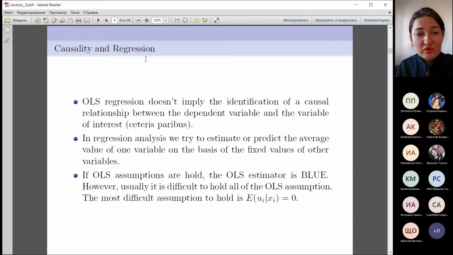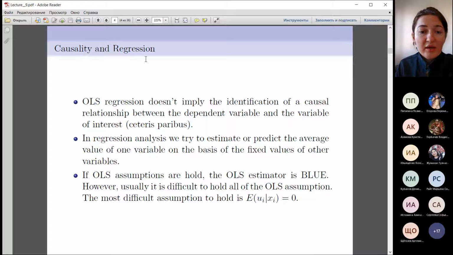But of course, in regression analysis, we try to estimate the average value, the average effect of one factor on the basis of the fixed values of other variables. If you hold all the assumptions of ordinary least squares method, in this case, you can find this relationship and your results will be reliable.